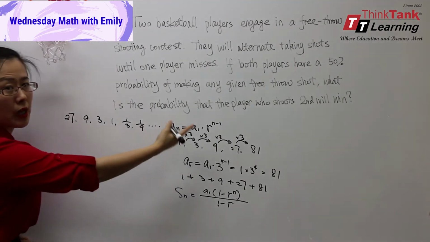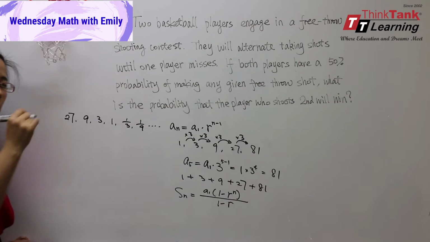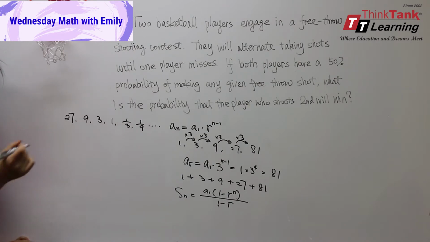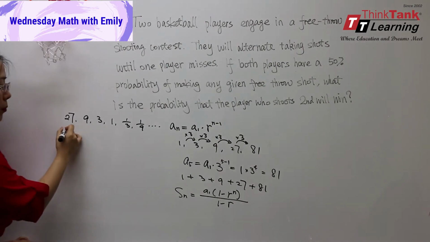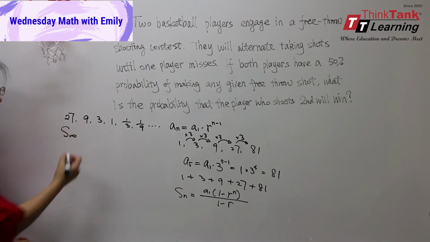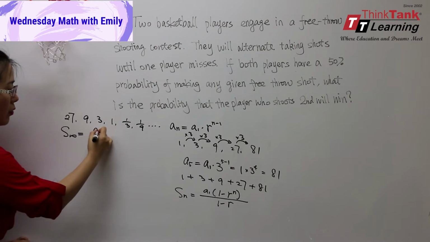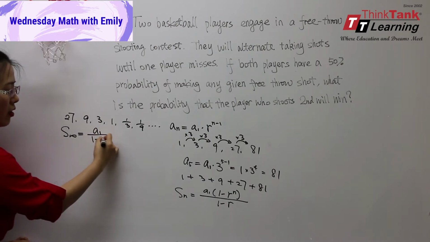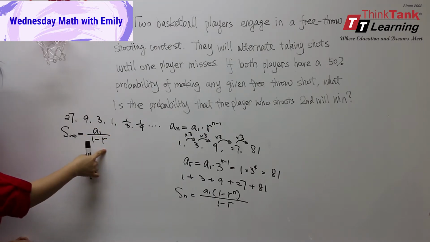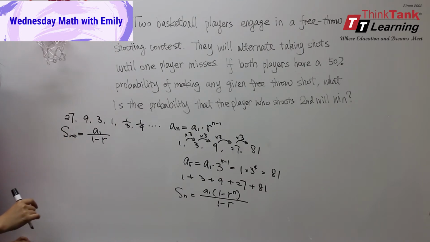With more and more terms, the numbers we add get closer and closer to 0. So our sum will approach a number. The formula for this one is S infinity equals a1 over 1 minus r, where r is the common ratio and a1 is the first term.